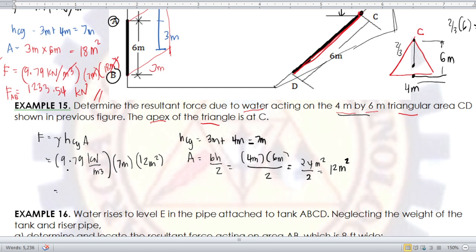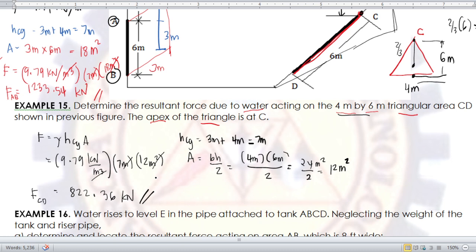So we have 822.36. And the unit, still this will be cancelled, and the unit left is kilonewton. Take note, this force is acting on area CD. Okay, so this is the answer already for example number 15.